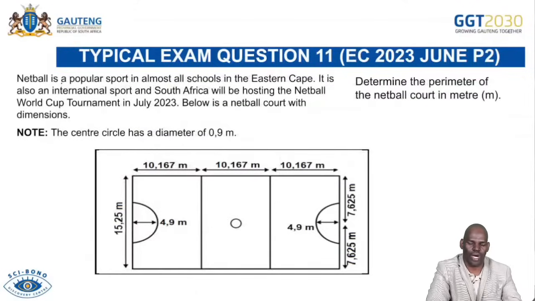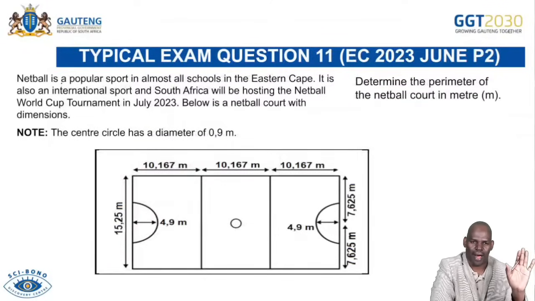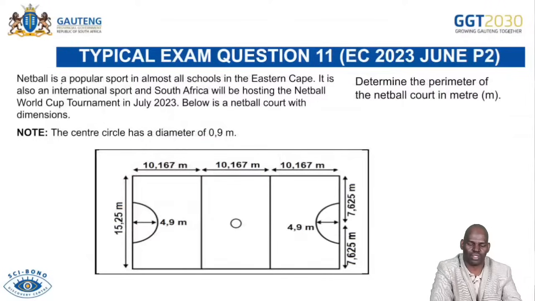But what I know is maps and plans is the easiest. If you can answer any question under maps and plans, then I'm sure you'll be able to pass the question paper. So for this one, I went to question 3.